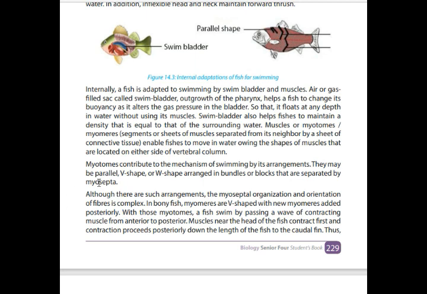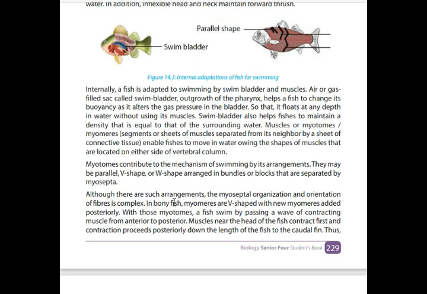An undulatory swimming of the fish is also powered by the segmental body musculature of the myotomes.